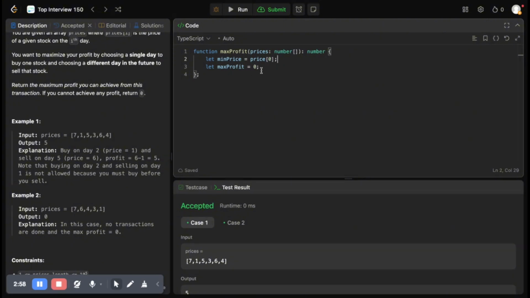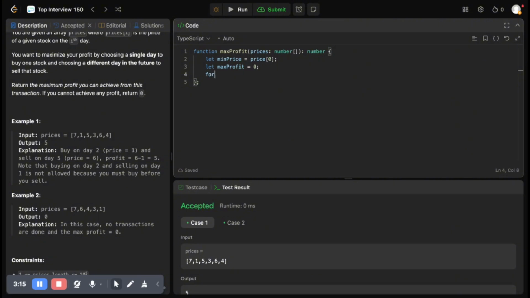And then we are initializing maximum profit to 0 because we want it to store the maximum profit we have found. So let's now loop through the array to calculate the profits and to update both the minimum price and the maximum profit.